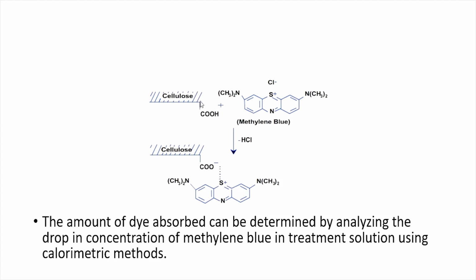The carboxylic group is attached with the methylene blue dye. So you can dye cotton with the basic dye when it is converted to carboxylic group. The amount of dye absorbed is calculated based on the reduction in concentration of dye in the dye bath.